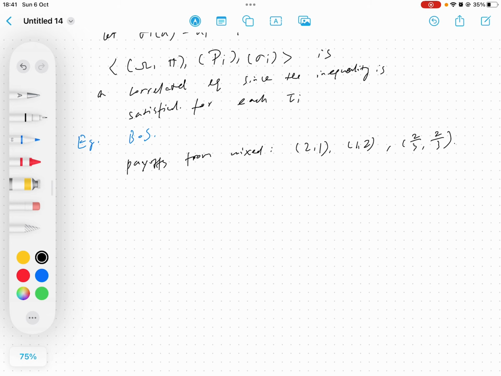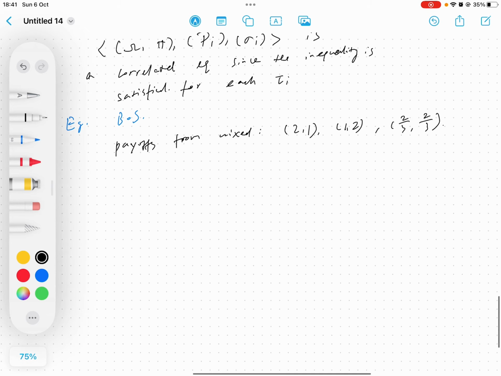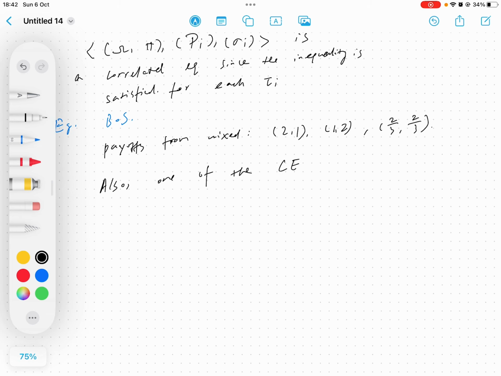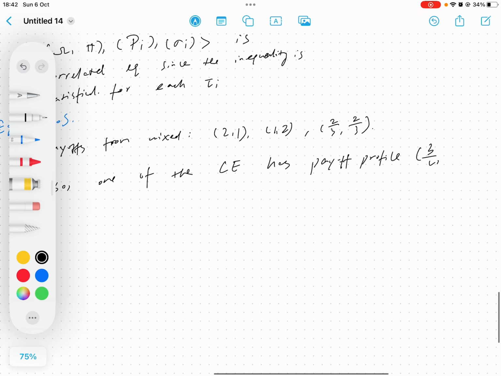In addition, one of the correlated equilibria has the payoff profile of (3/2, 3/2). Also, one of the CEs, short for correlated equilibrium, has a payoff profile of 1.5.